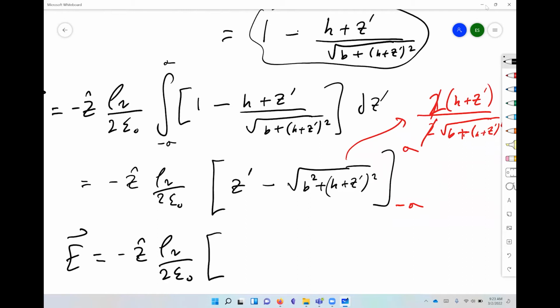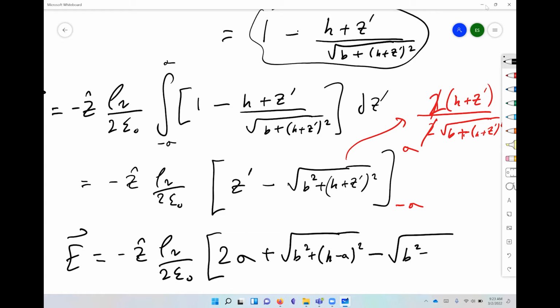At A and minus A. So A minus A is going to be 2A. That handles that. And then I'm going to have something with plus B squared plus H minus A squared minus B squared plus H plus A squared.